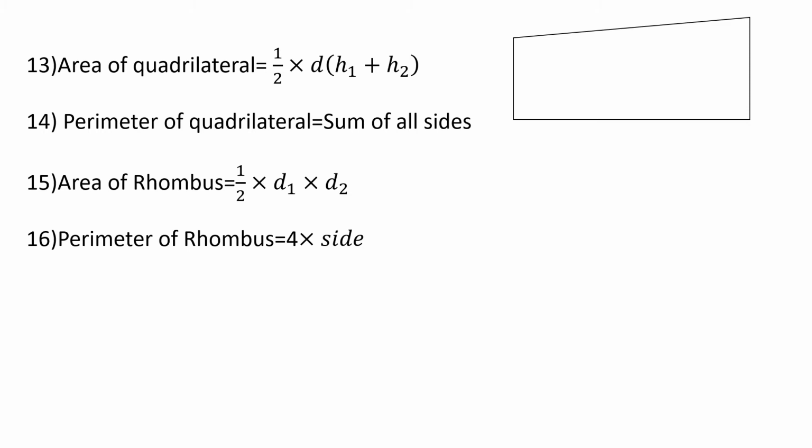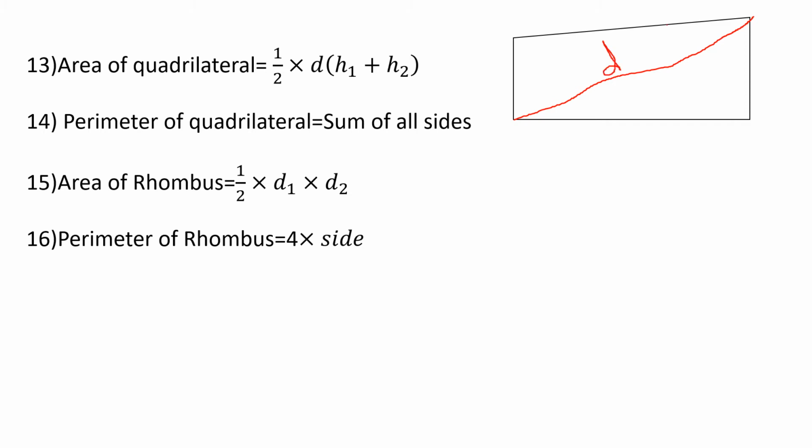Next one, area of a quadrilateral. If four sides are there, we'll say all such shapes are quadrilaterals, right? So if they're asking the formula for the area of a quadrilateral, how will we write it? Half into diagonal. If the diagonal is given, so here I'm drawing a diagonal. Half into diagonal.